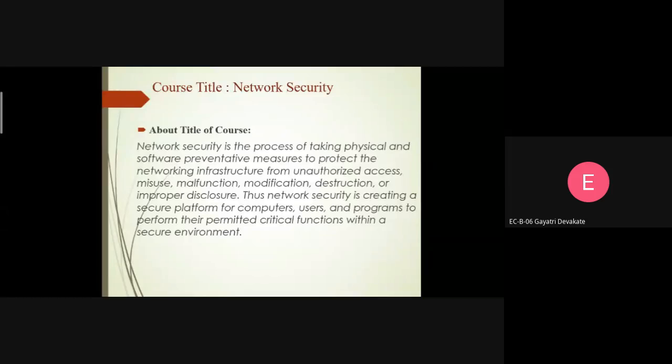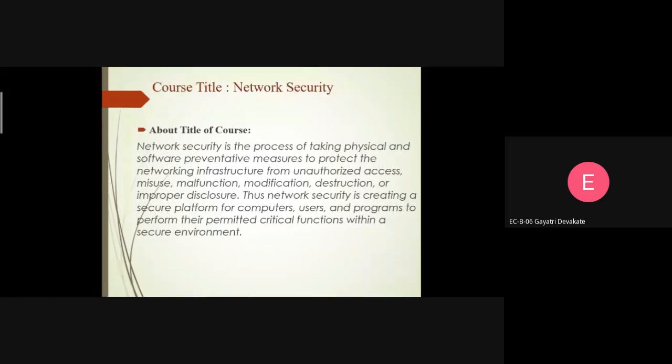Simply, we can take the example of Google Pay. In order to secure Google Pay, we put in various passwords. If there is no password, can our payment be secure? Anyone can access it and make transactions. So in order to secure that, we put a password on that particular application.